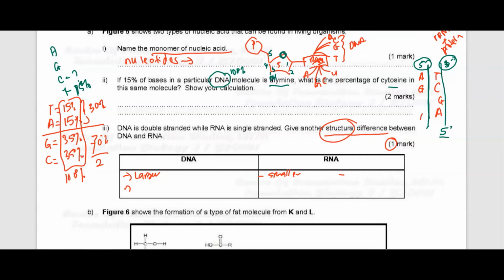And then another difference that you can take note of is in terms of the bases that are present in the nucleotide of these two nucleic acids. The bases found in DNA are adenine, guanine, cytosine, and thymine.